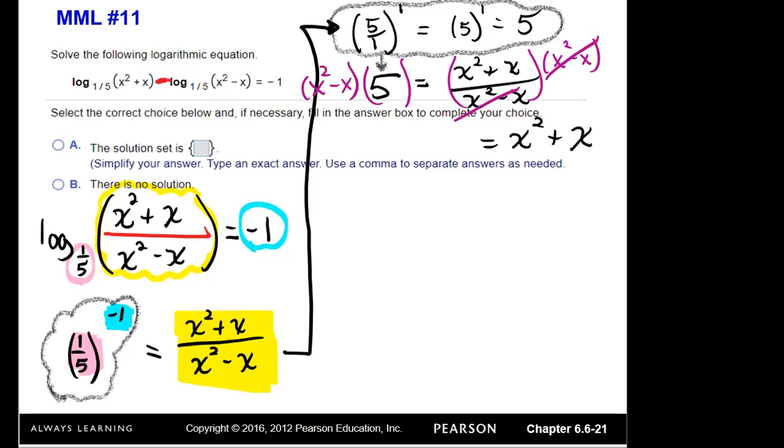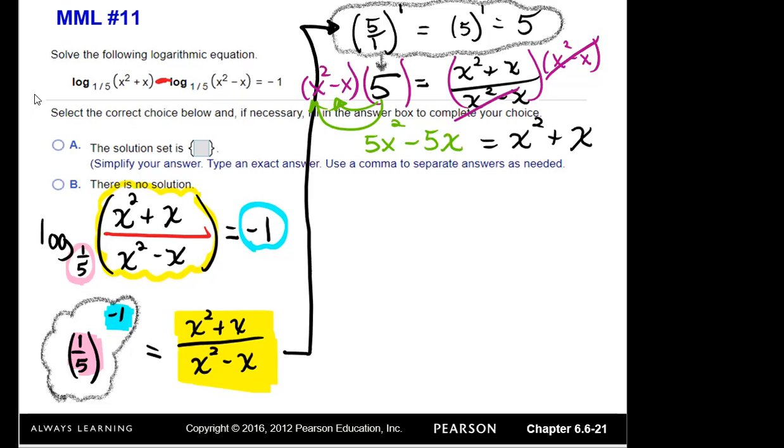But on the left side, I'm going to have to use the distributive property. I'm going to distribute the 5 here and here. So that's going to give me 5x squared minus 5x on the left.